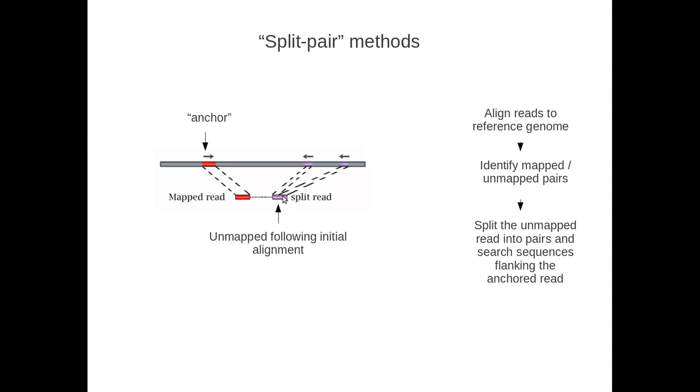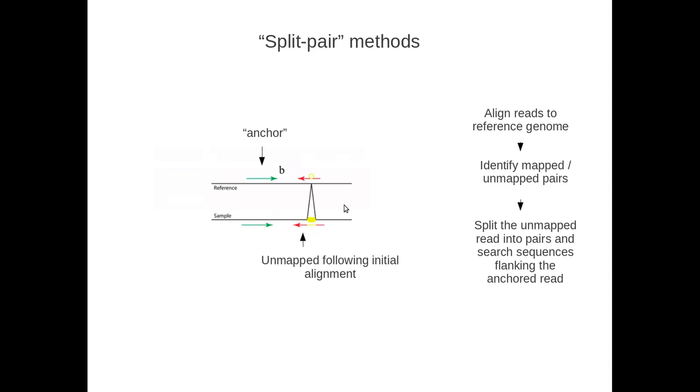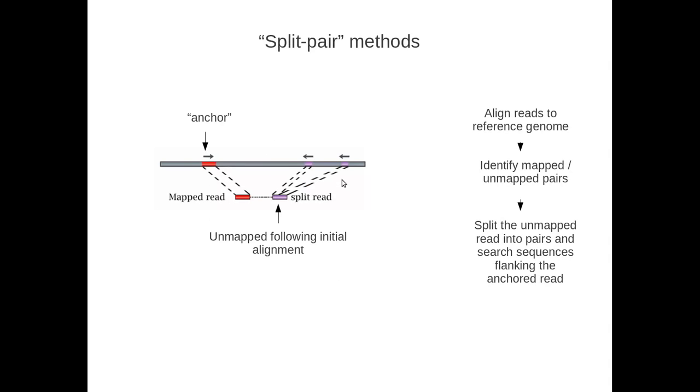And so this method gives you base pair precision in terms of diagnosing where a deletion is, whereas the paired end method that I just described does not give you that base pair precision. So split pair reads give the case of identification of a deletion in the sample relative to the reference, or another way to say that is an insertion in the reference relative to the sample.